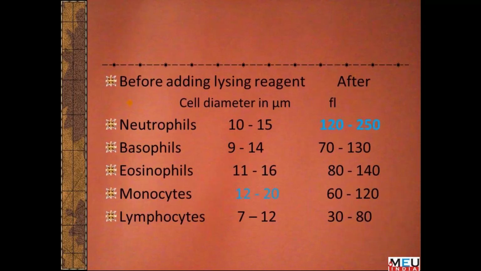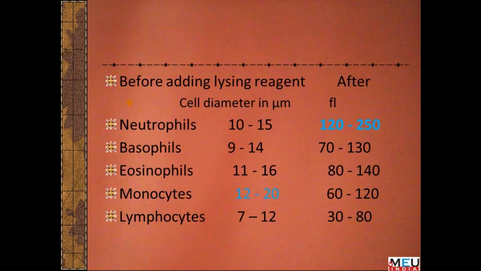We'll just see. The various WBCs swell up after the lysing reagent is placed on them. Neutrophils, which are 10 to 15 micrometers, swell up to 120 to 250 femtoliters after placing the lysing reagent. The basophils, which are 9 to 14 micrometers in size, are read at the level of 70 to 130 femtoliters.